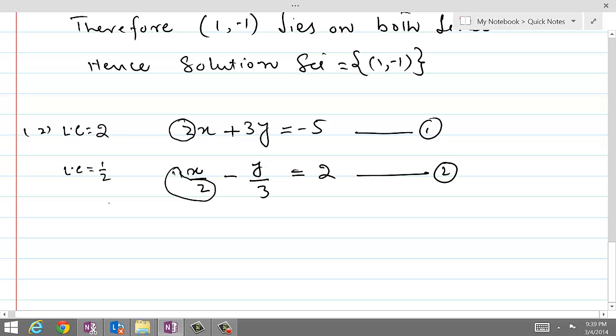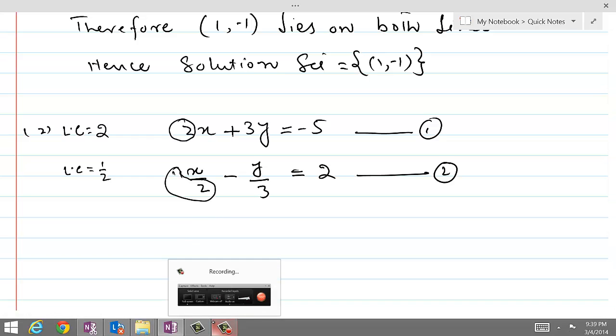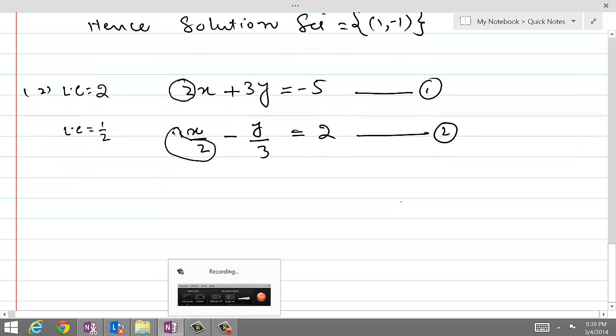Once we have the LCs, we are going to multiply equation 1 with the leading coefficient of equation 2, and multiply equation 2 with the leading coefficient of equation 1.